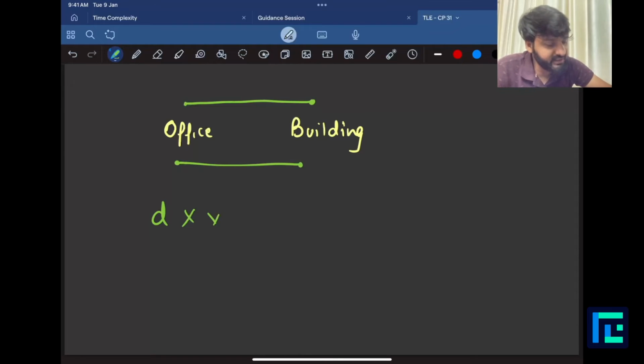Now, do you think you can change this V value? It's given. Whatever you do, V does not change. The number of visits to a building does not change. The only controllable parameter is D. So if you lower this D, overall this product also lowers, which lowers the summation, because this product for one building is summed up with all such products. If everything goes down, the overall sum goes down.